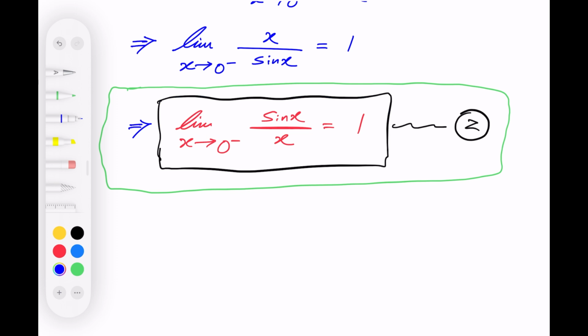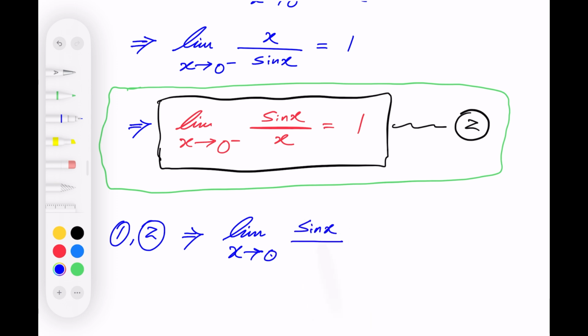Therefore, according to those two results, number 1 and number 2, we conclude that the limit as x approaches to 0 sine x over x exists and it's equal to 1.